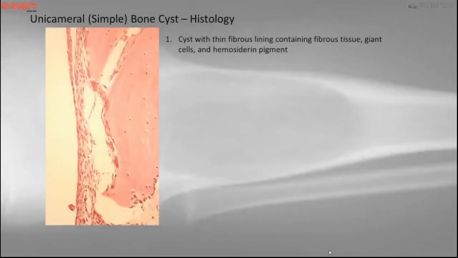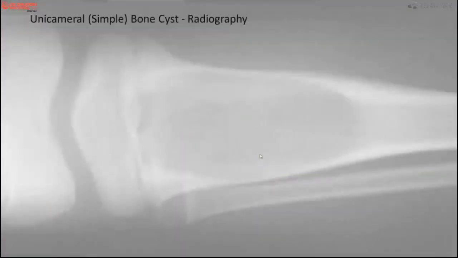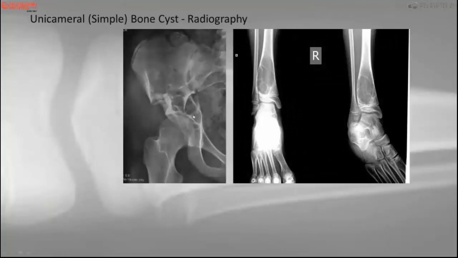This is the typical histological appearance: a cyst with fibrous lining containing fibrous tissue and multinucleated giant cells. Again, this is seen in the roof of the acetabulum and the distal tibia.